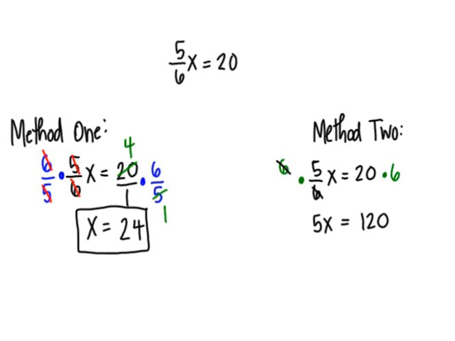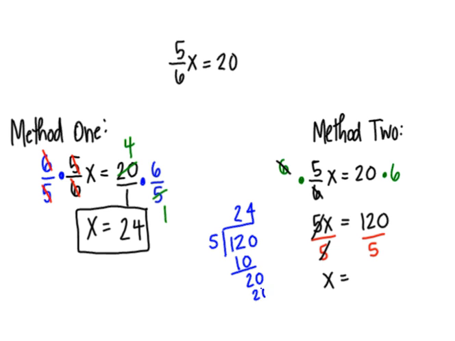Now then, my second step is to get rid of the 5. So that's 5 times x, so the opposite is to divide. So I'll divide both sides by 5. If I divide 5 into 120, 5 goes into 12 two times. 5 goes into 20 four times evenly.